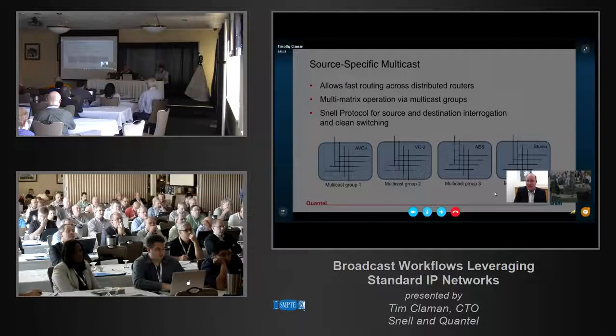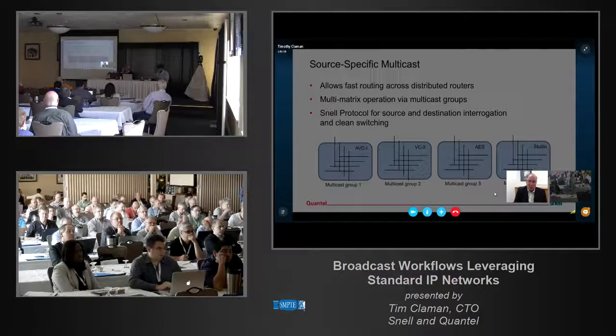Multicast, as I said before, I think also allows you to effectively segment the traffic within your IP network. So we can do things with IP technologies that emulate SDI routing concepts like multi-matrix. And we've also found that by extending our existing router control protocol, we can implement capabilities like source and destination interrogation.